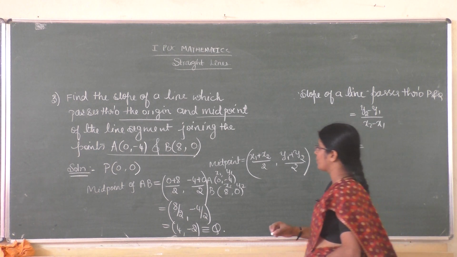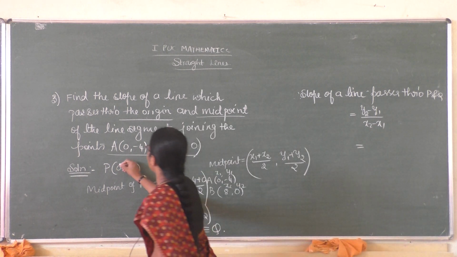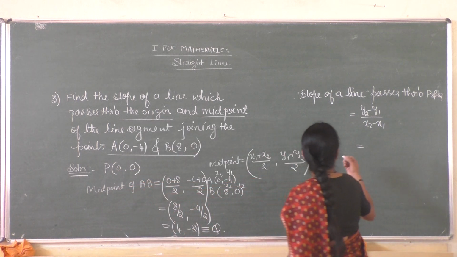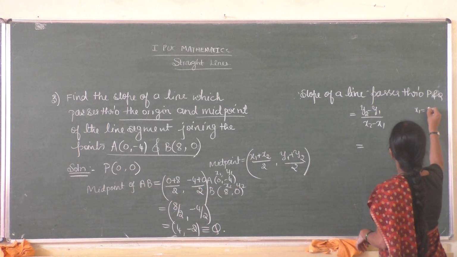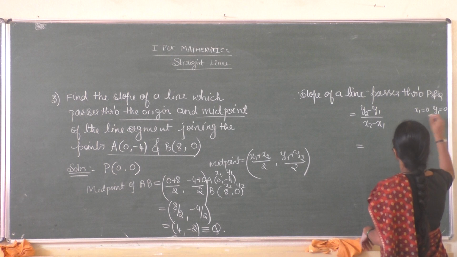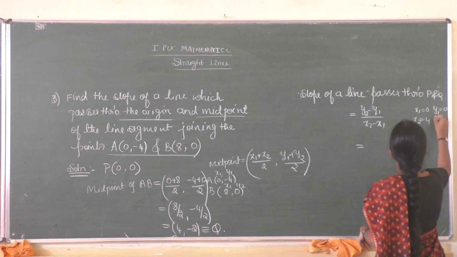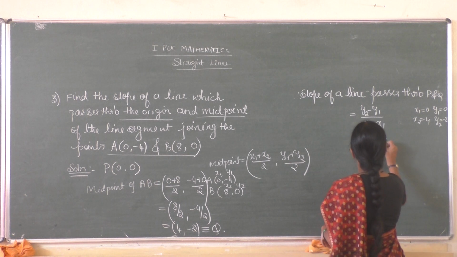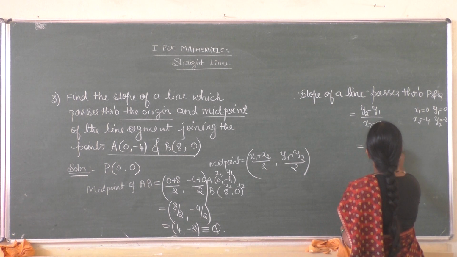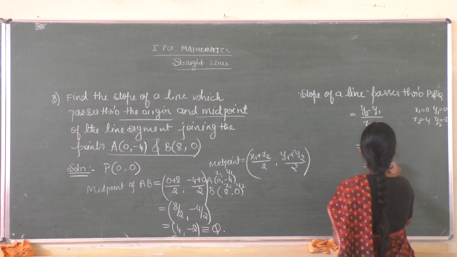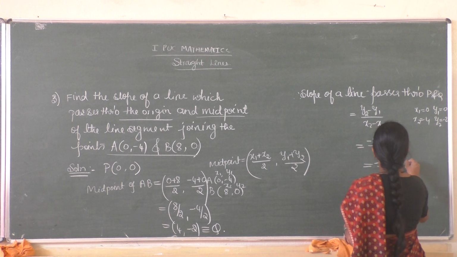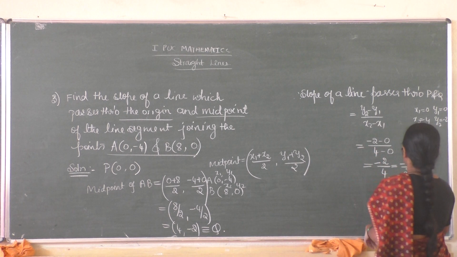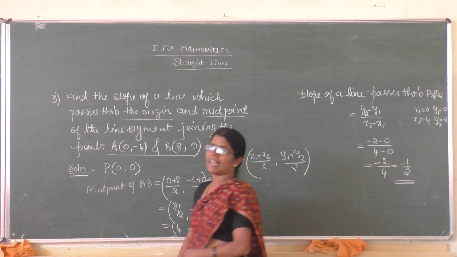Here x1 is 0, y1 is 0, x2 equal to 4, y2 equal to minus 2. So that is minus 2 minus 0 divided by 4 minus 0. So minus 2 by 4, that is minus 1 by 2. So this is the slope of the line.